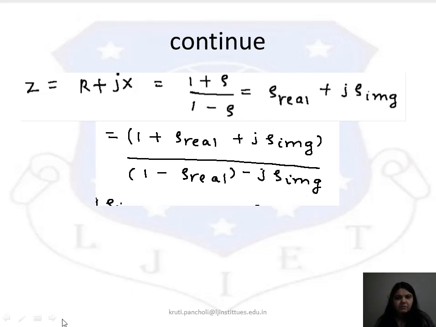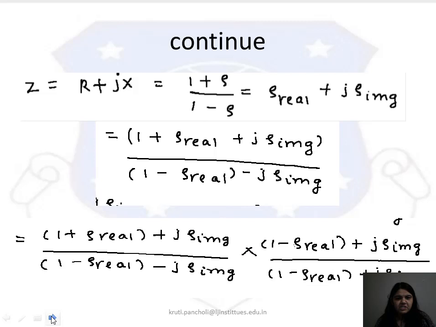Now what are we doing? We are multiplying and dividing by 1 minus rho real plus j rho imaginary. So it would be (a minus b)(a plus b), and the multiplication of this is a square minus b square.